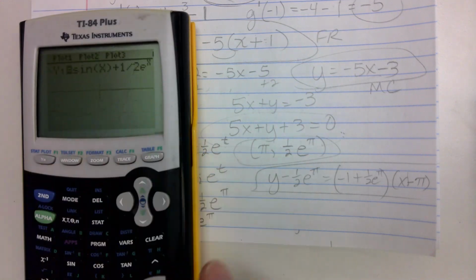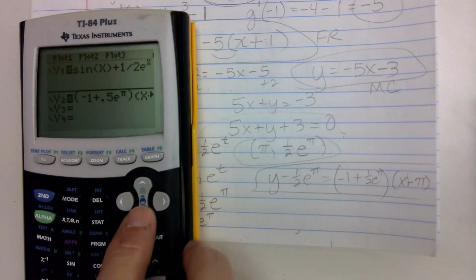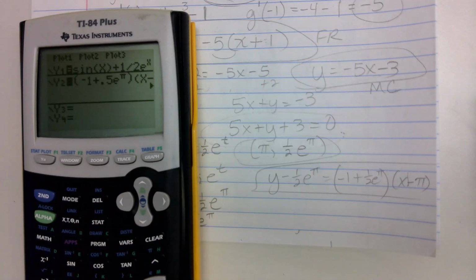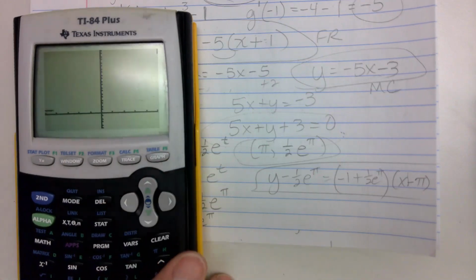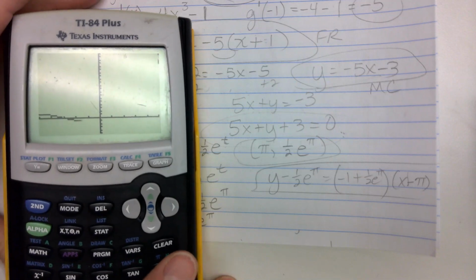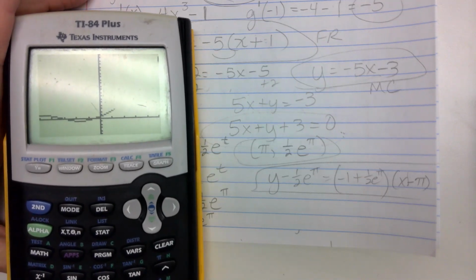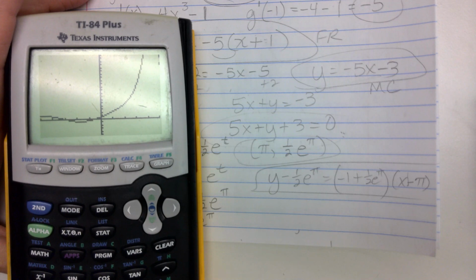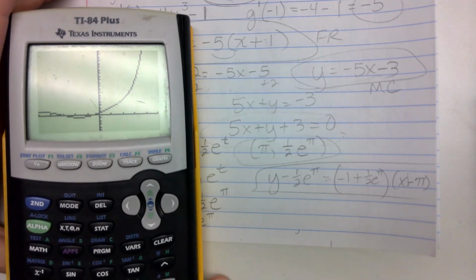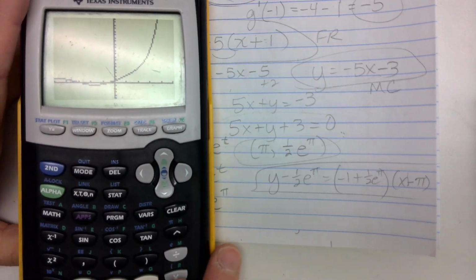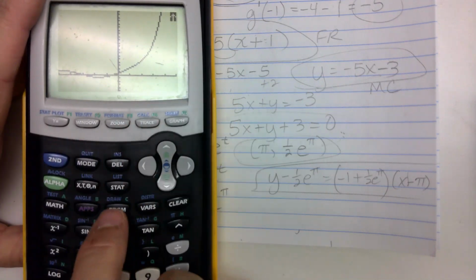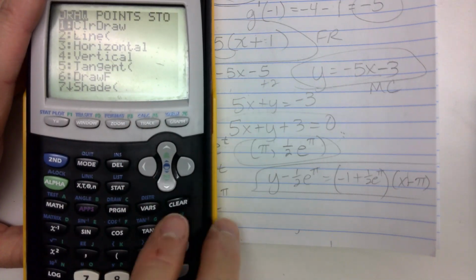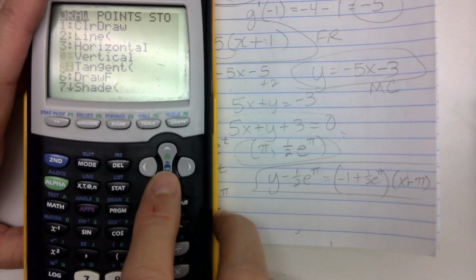So now I'm going to come down and unhighlight my tangent line. And remember the first way I showed you to get your calculator to just graph the tangent line. Do y'all remember? From the graph screen, second program, draw, number 5. Sorry.